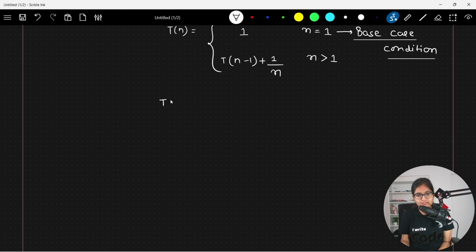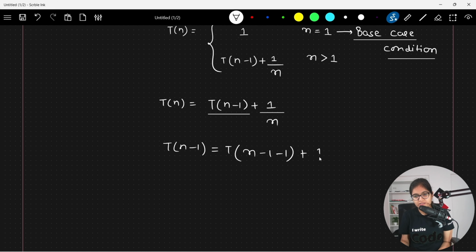So here we have t of n equals t of n minus 1 plus 1 divided by n, right? Now what we can do is try to substitute the value of t of n minus 1. Can anyone tell me what the value of t of n minus 1 should be? It should be nothing but t of n minus 2 plus 1 divided by n minus 1.